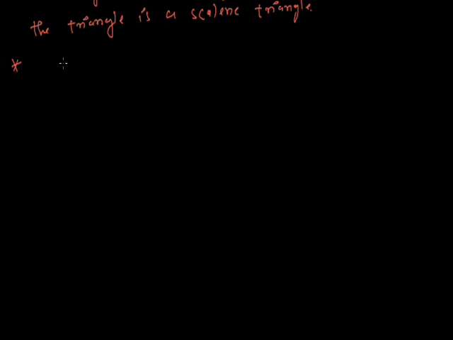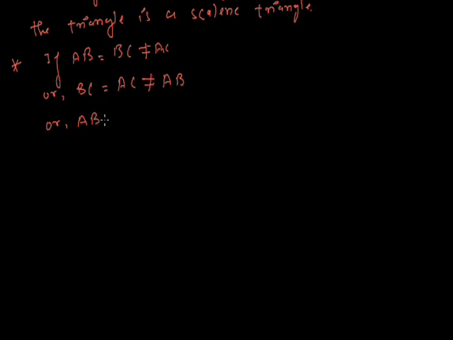Similarly, the second point: if AB equal to BC not equal to AC, or BC equal to AC not equal to AB, or AB equal to AC not equal to BC, then the triangle ABC is an isosceles triangle.